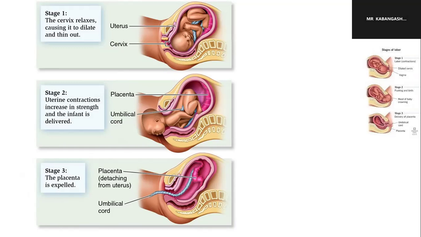So remember, they are still in their first stage of labor, the point where we are heading towards full dilatation of the cervix. Under psychological care, what are the most important things? First of all, explain the process of labor.